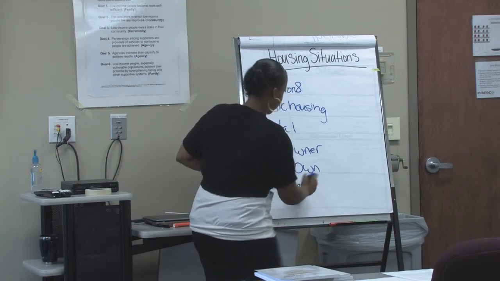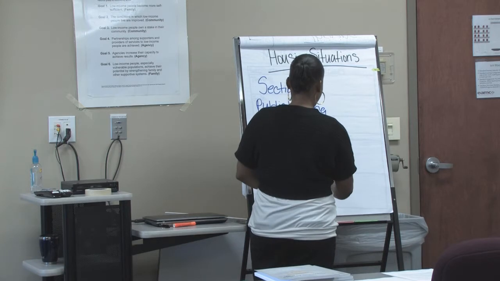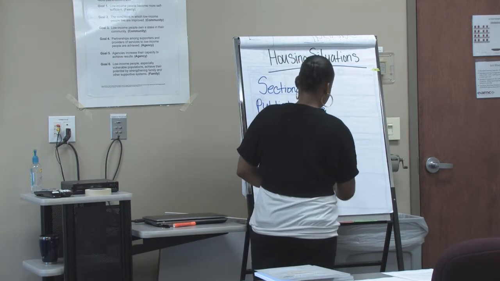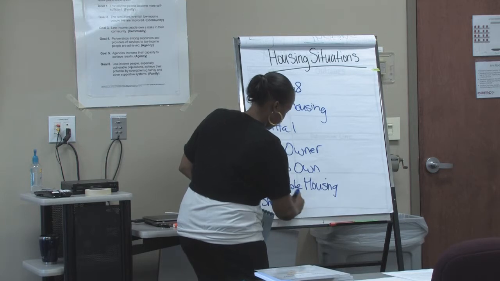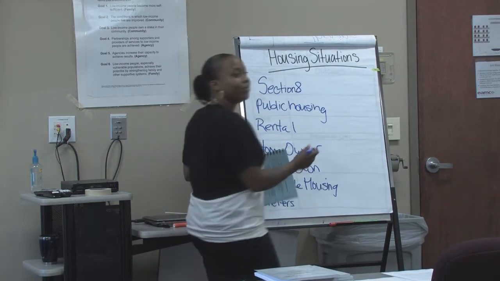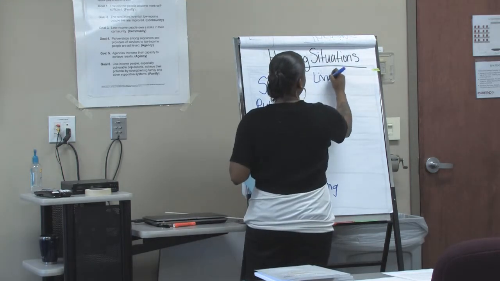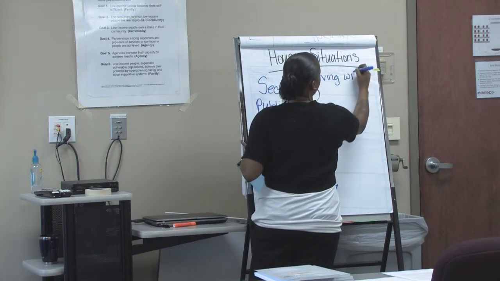What about some situations that may be, shelters. Okay. Someone just staying on people's couches for free. Living with someone. Group home. Hotels. I have some that live in hotels.